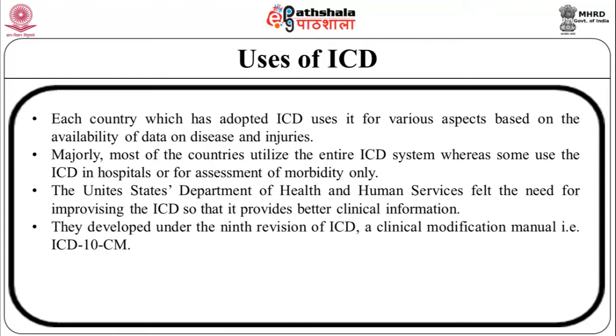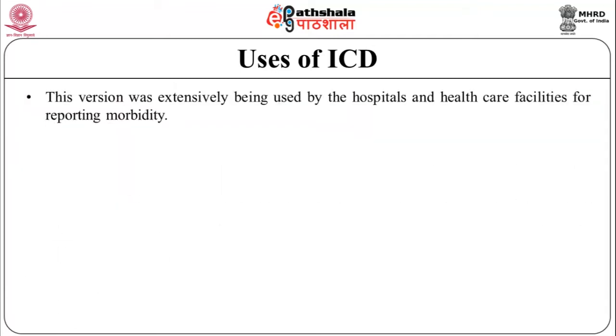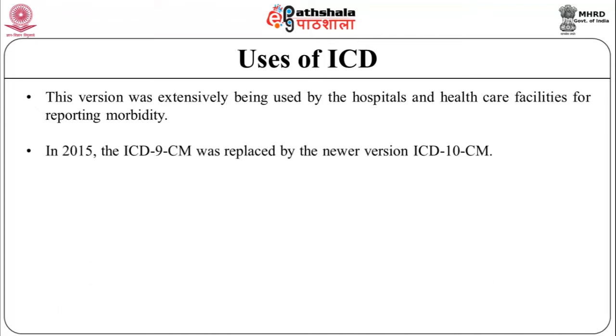They developed under the 9th revision of ICD a clinical modification manual, that is ICD-9-CM. These clinical modification codes were relatively accurate and provided stronger analysis. This version was extensively being used by the hospitals and healthcare facilities for reporting morbidity. In 2015, the ICD-9-CM was replaced by the newer version ICD-10-CM.